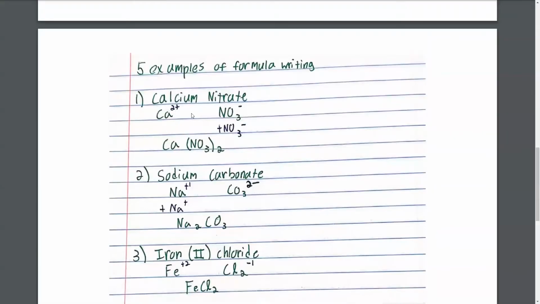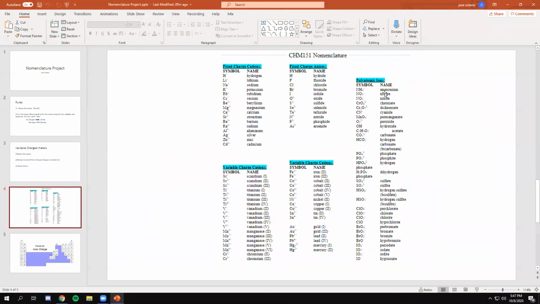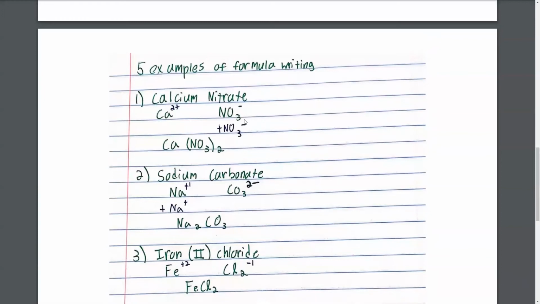Nitrate, once again a polyatomic ion, NO3 minus, has a -1 charge. So if this has a 2+ charge and this has a -1 charge, you have to add another nitrate to balance it out. So we have calcium, parentheses, nitrate in the parentheses, and then a 2 on the outside to signify we're multiplying it by 2 to balance it out. So it would be Ca(NO3)2.